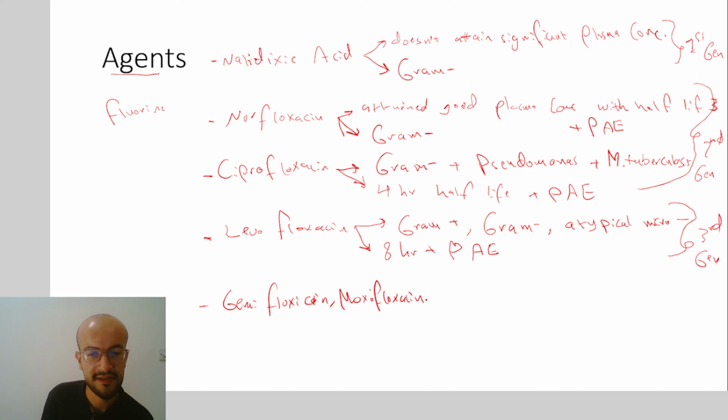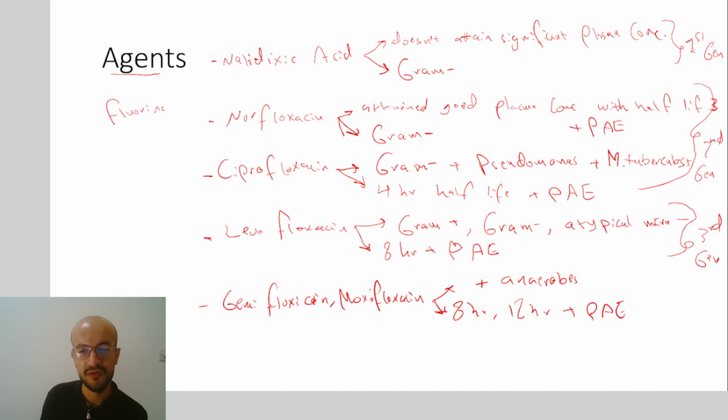Those drugs had the same spectrum as the levo plus the anaerobes. They covered the anaerobic bacteria. The gemi had a half-life of 8 hours. The moxi had a half-life of 12 hours plus the post-antibiotic effect. Those two drugs formed the fourth generation of the quinolones.